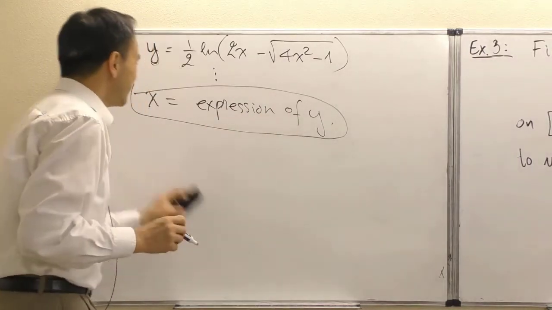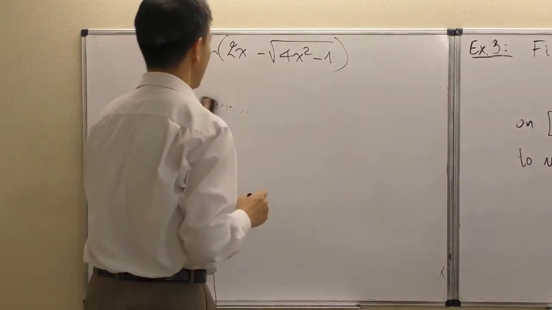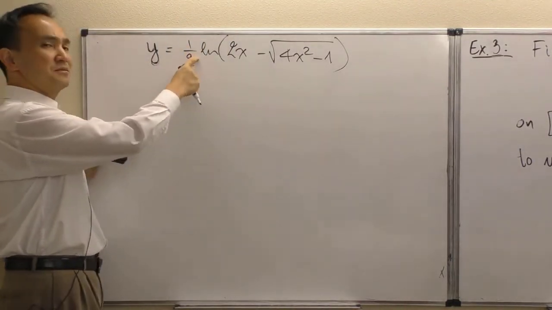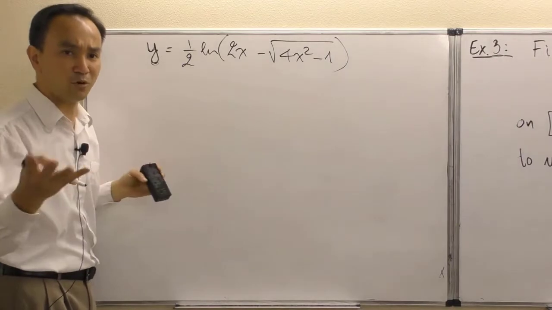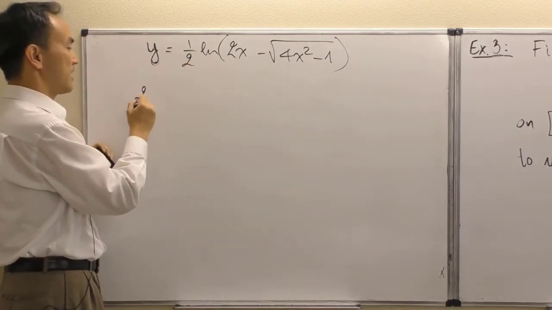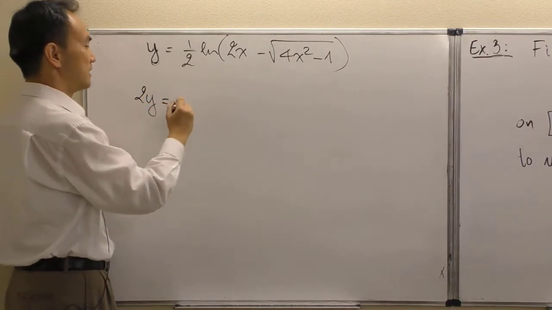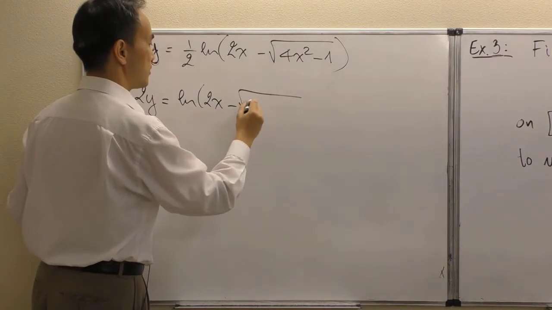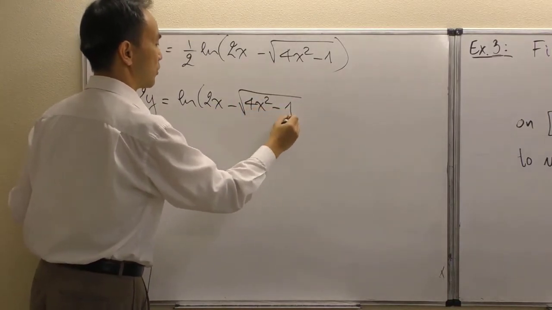Observation tells me that we can multiply both sides by 2 to clear out that 1/2 fraction. So we have 2y equals natural log of 2x minus square root of 4x squared minus 1.